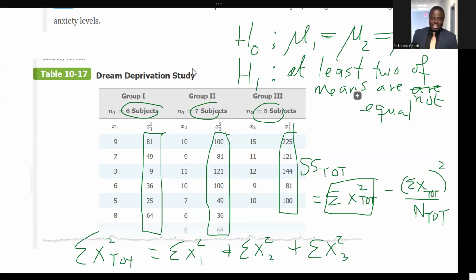All right, the summation of x squared 1 is going to give me 264. The summation of x squared 2, group 2, is going to give me 551. The summation of x squared for group 3 is going to give me 671.